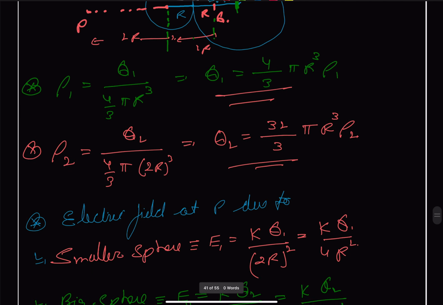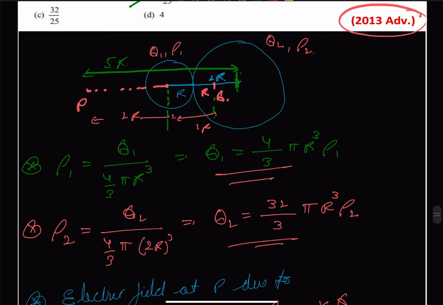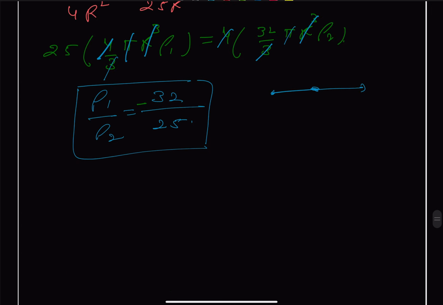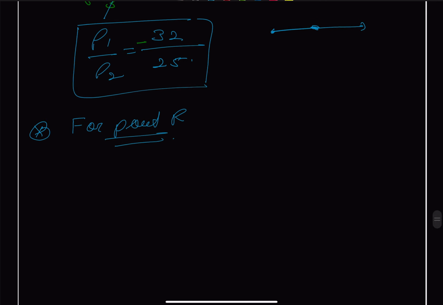Now we come to the internal point, that is our point R. For the smaller sphere, the distance is the same, it's not going to change.